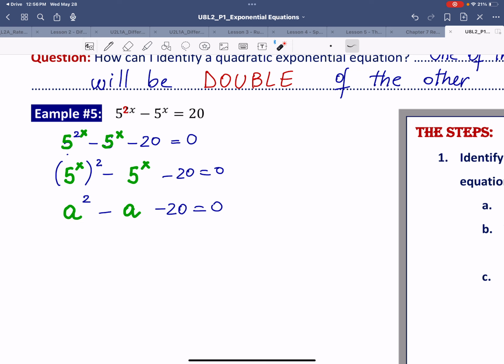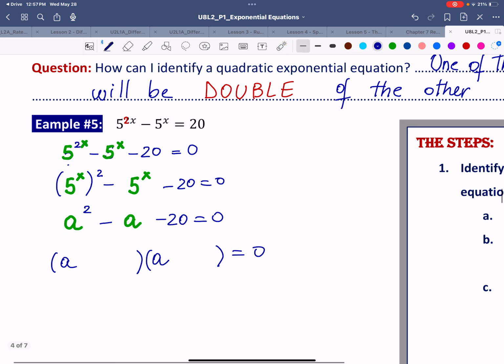We can use either the quadratic formula or factoring. In this case, I would say that this is factorable, so I'm going to try factoring first. It's a simple trinomial because the coefficient is 1, so we need to find two numbers that add to -1 and multiply to -20. And you've probably guessed them already: -5 and +4.